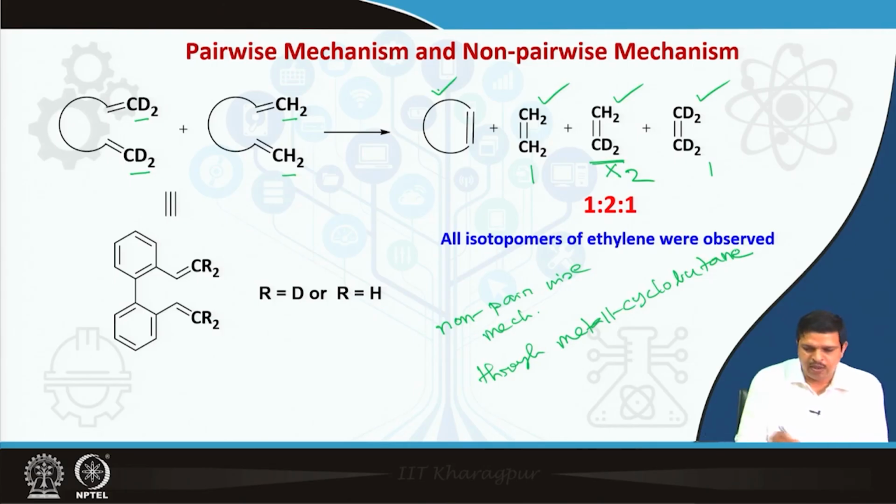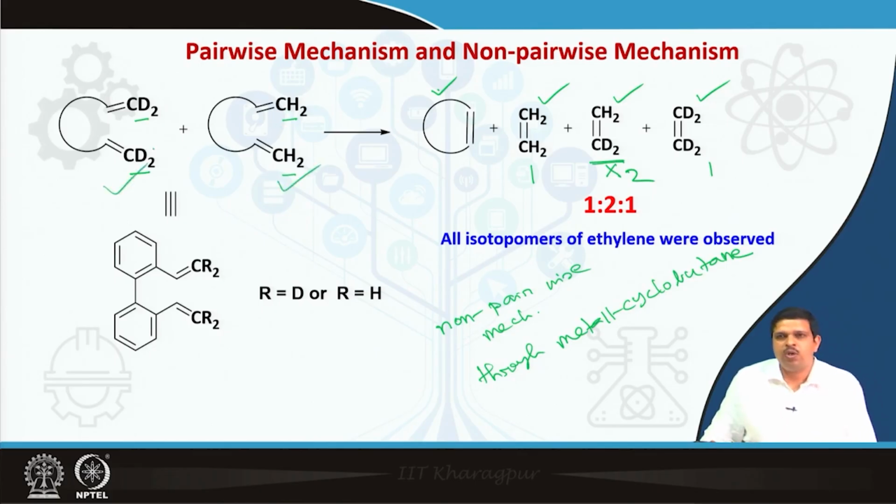Again, if it is pairwise, then this one or this one will coordinate to the metal center, and you will get either the non-deuterated CH2 ethylene or the fully deuterated CD2 ethylene.